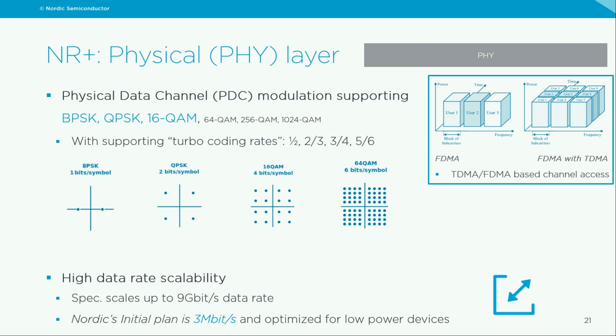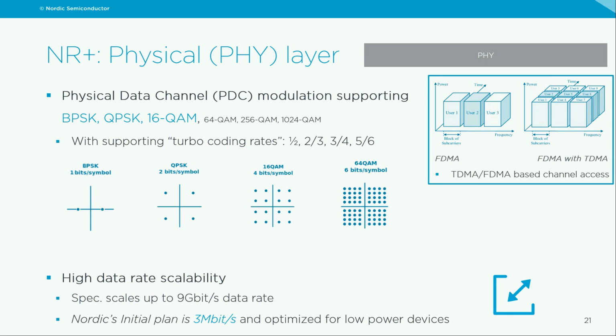We also have support for turbo coding rates, as listed here, and also support for FDM with TDMA, so that's frequency division multiple access with time division multiple access. So that's for the based channel access. On the right hand side, you can see a figure trying to showcase what this actually means. So you can have several boxes of data in the same frequency spectrum here.